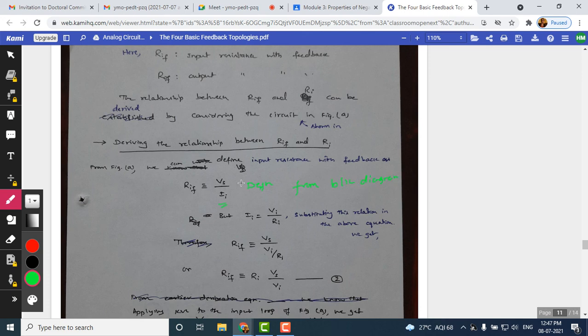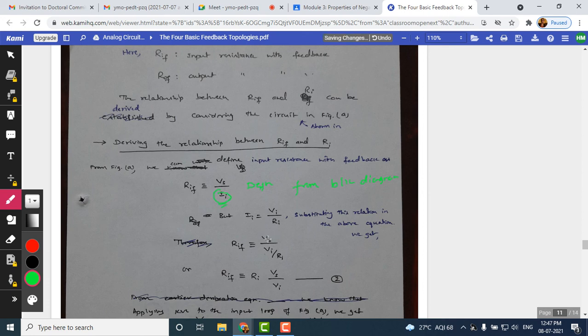Now we can substitute for IA. What is IA? IA is nothing but the input current going to the amplifier, which is VI by RI. So we can substitute this relation in this equation in place of IA.